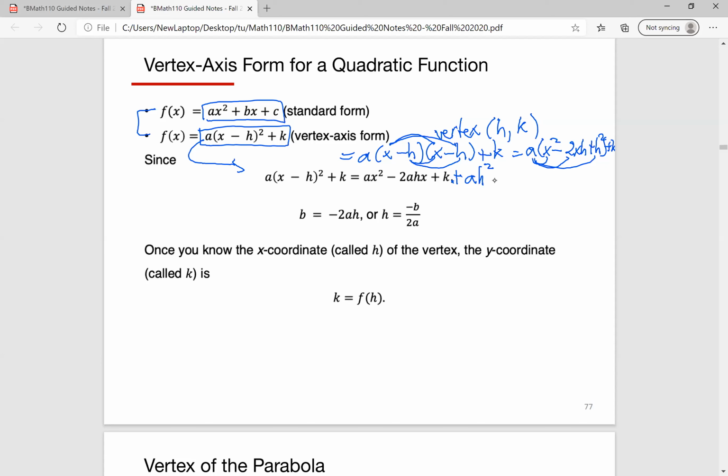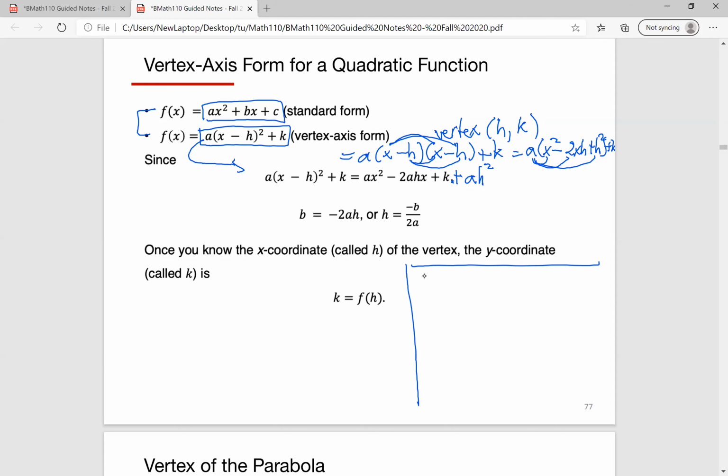So here, I may have to rewrite it. Please focus on this.